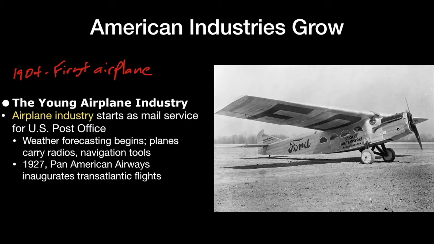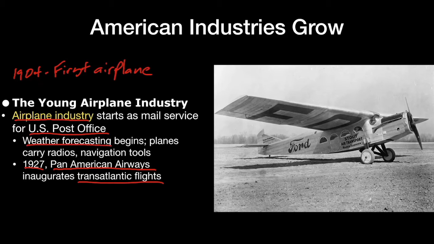And then eventually we get to the airplane industry, which starts off really as mostly a mail service. Okay, so the U.S. Post Office takes full advantage of this, but eventually we start to see passenger planes pop up. Okay, 1927, Pan American Airways inaugurates transatlantic flights, meaning they were flying from the United States over to Europe.